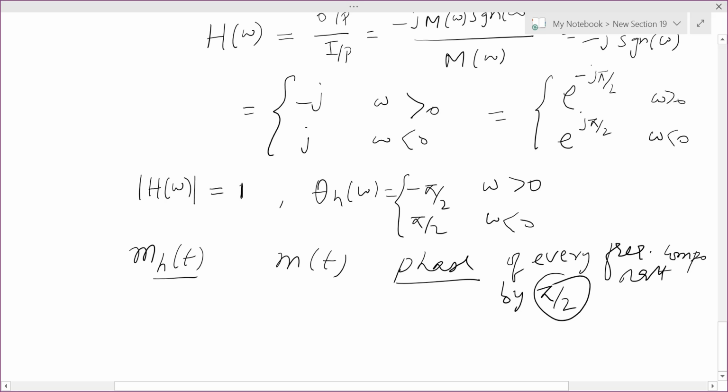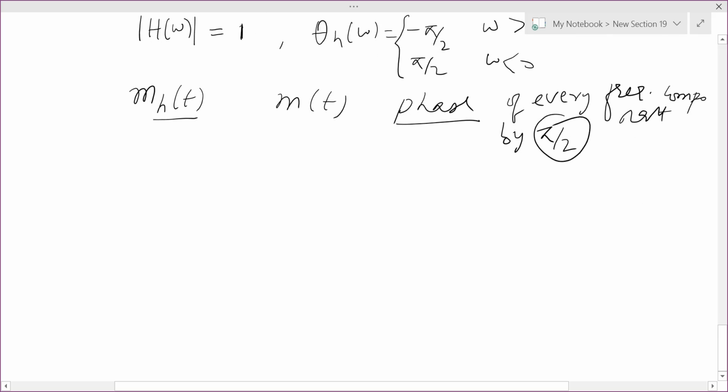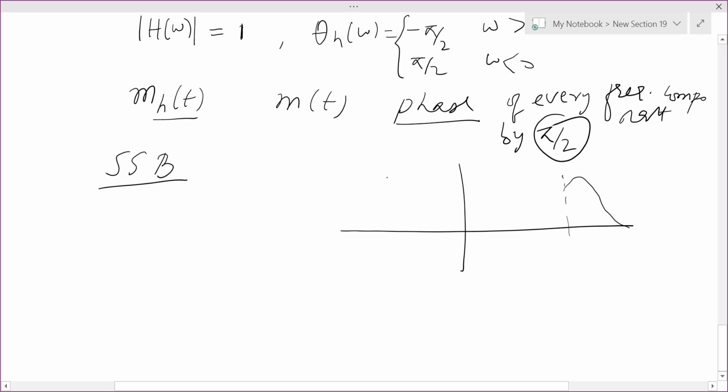Okay, now after we have found the Hilbert transform, we are pretty much ready to define the single sideband modulation in time domain. So now if you opt for the upper sideband, on this side it is M plus of omega minus omega c, and on this side it will be M minus of omega plus omega c.